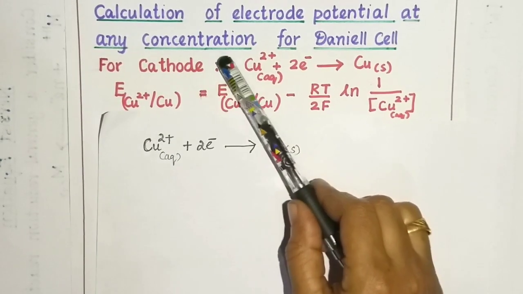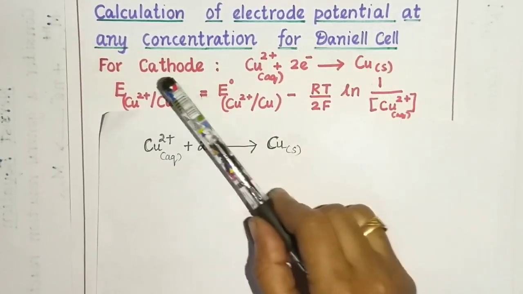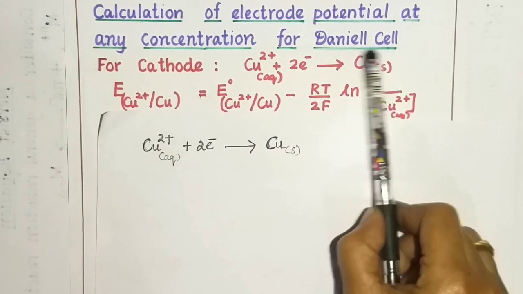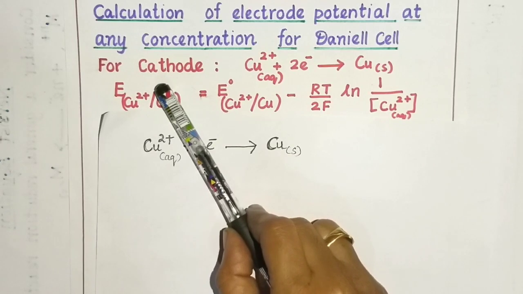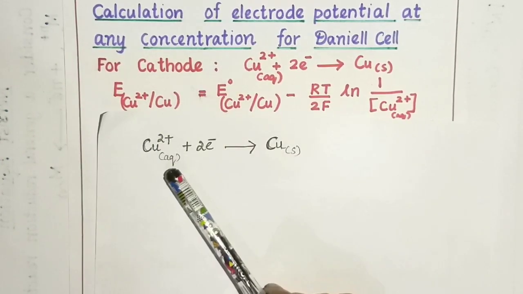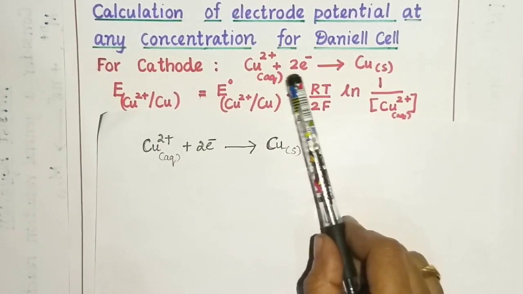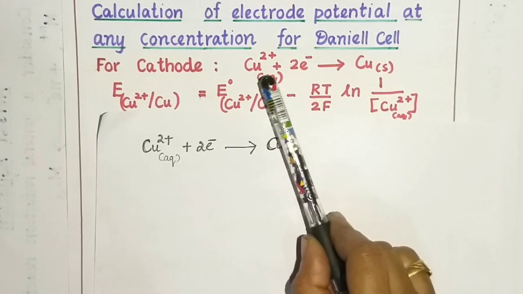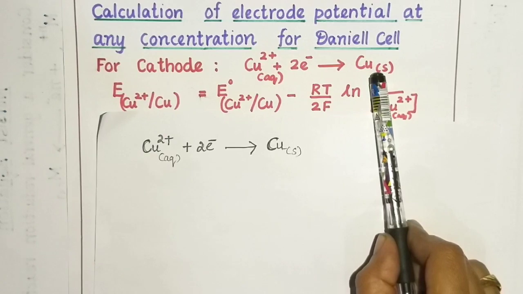Next, calculation of electrode potential at any concentration for the Daniell cell. We know in the Daniell cell at the cathode, Cu2+ accepts 2 electrons to form copper solid. Here Cu2+ changes to Cu.